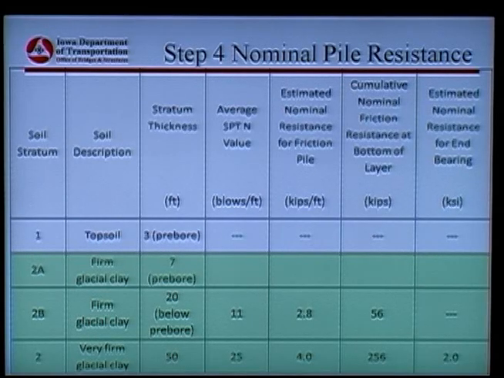Down to layer 3, very firm glacial clay, 50 feet, N value is 25, 4 is the unit friction, and the accumulated side friction up to this depth is 256 kips. You do have end bearing as the N value is greater than 20, an end bearing of 2 ksi that you select from the Iowa design chart.